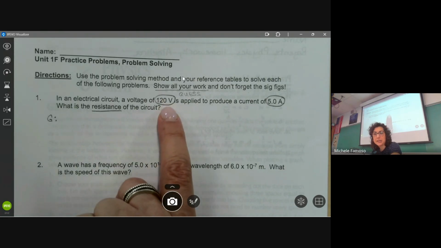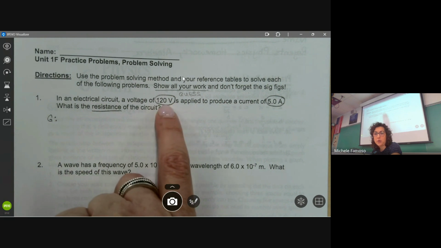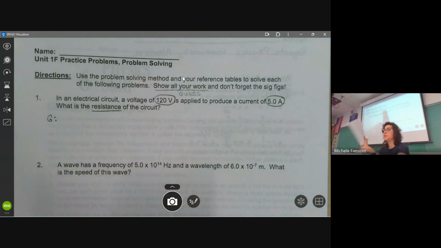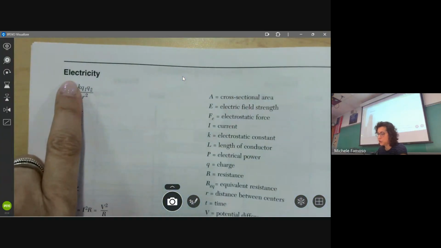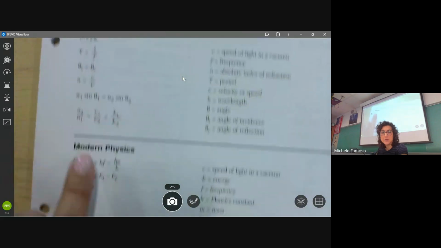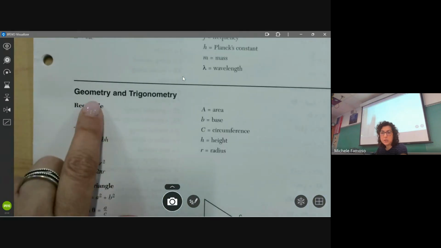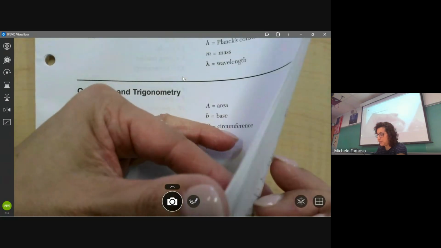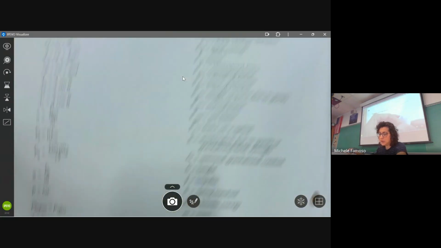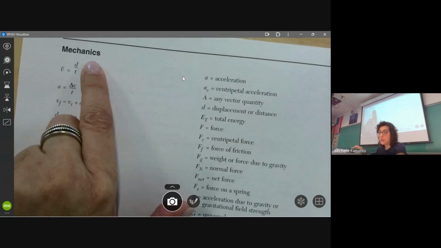The first thing we see is that we have this value, but we got to figure out where on our reference table we're going to look for these equations and variables. So when we look at the equations, remember that you've got your reference table there. They start on page 4. And when we look at our reference table, we have headings of electricity, waves, modern physics, geometry and trigonometry, and then everything else is called mechanics.